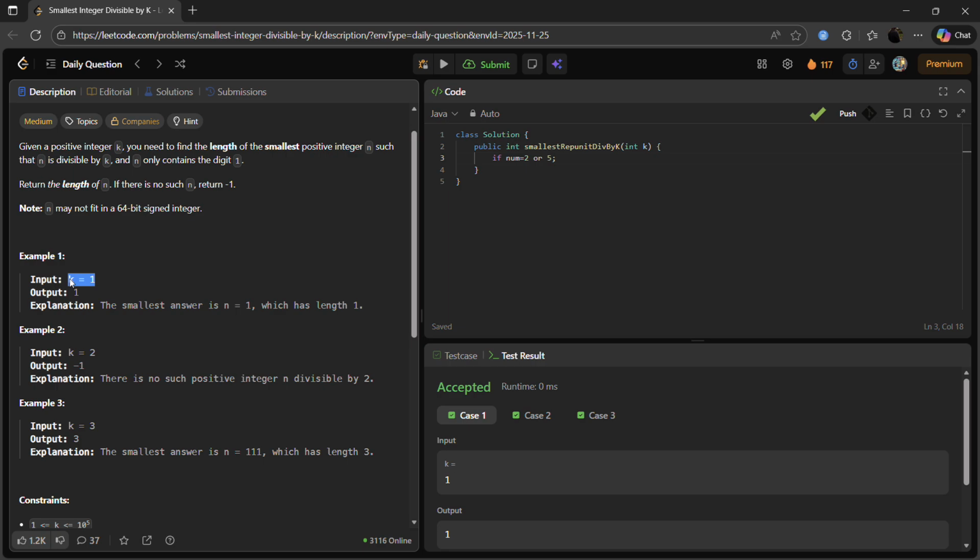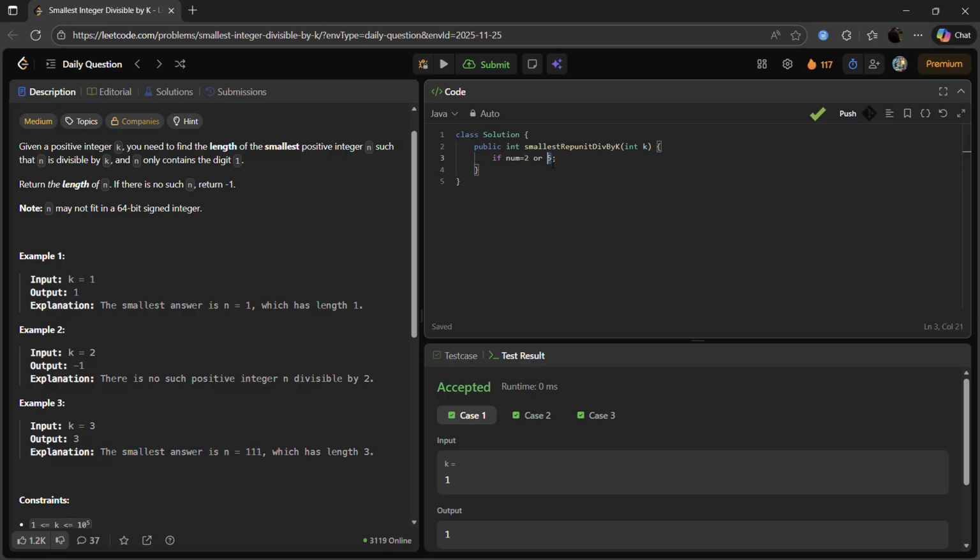If k is 2, does any number generated like this divide by 2? No, because every multiple of 2 is even, and each number which you are generating is odd, so there is no possibility of having any n for 2.